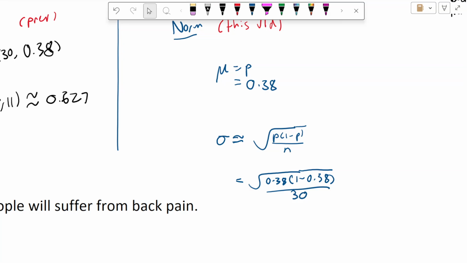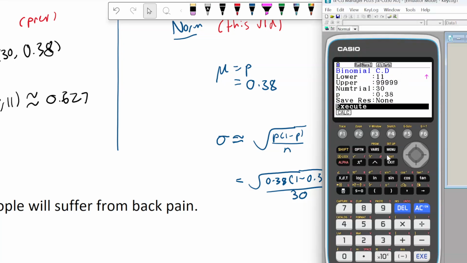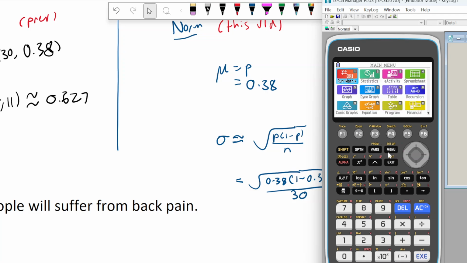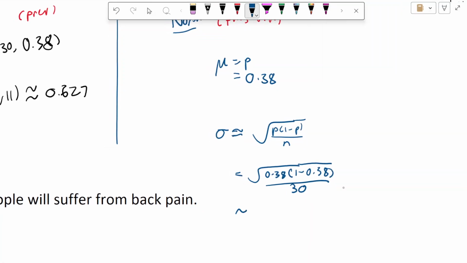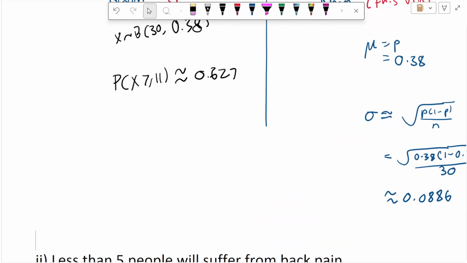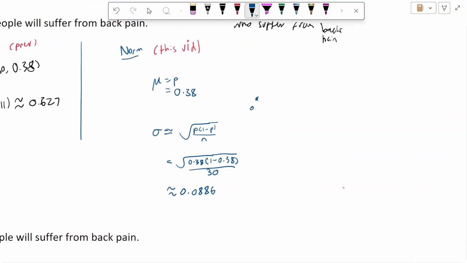And we can work out what that is. 0.0886. Okay, now, therefore, and it's going to be a bit funky, p hat is distributed normally with a mean of 0.38 and a standard deviation of 0.0886.